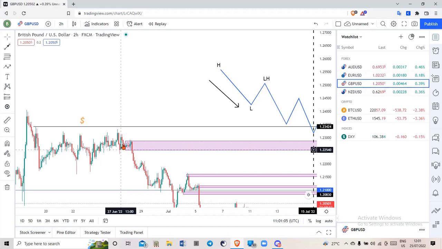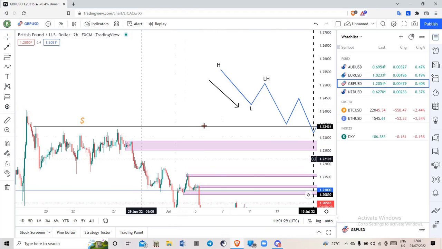You can see it went up and then came down, even though it made a little bit of flagging up. Yes, but this is typical. Market cannot be like a textbook. All right, so it came down.